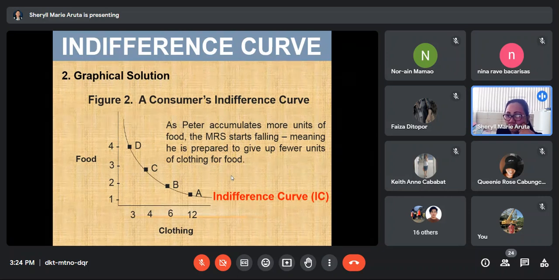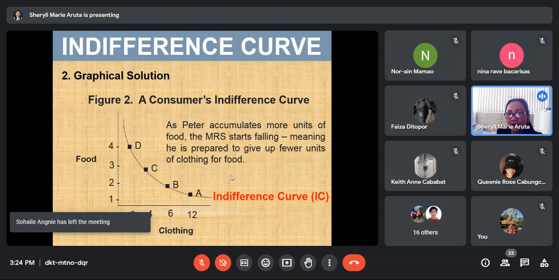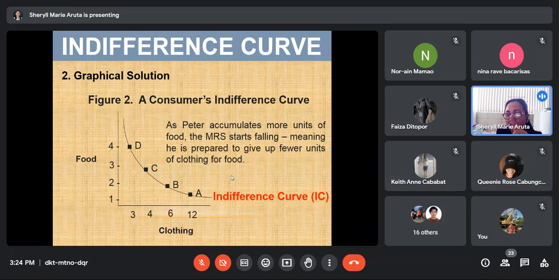As Peter accumulates more units of food, look at your y-axis, food, because food is the value gained from the giving up. And your x-axis is clothing, because the change in X is defined as the commodity that is willing to be given up. Okay?